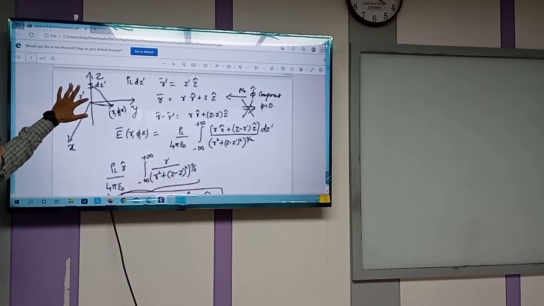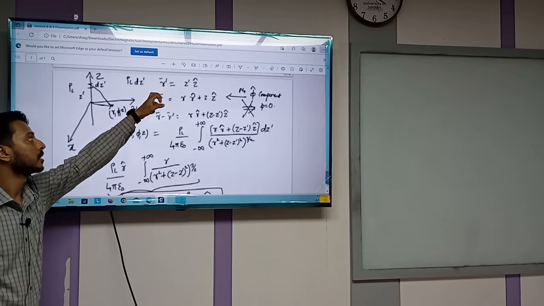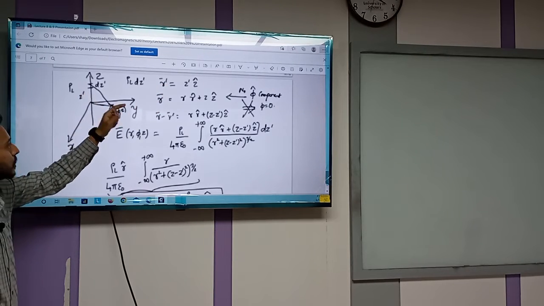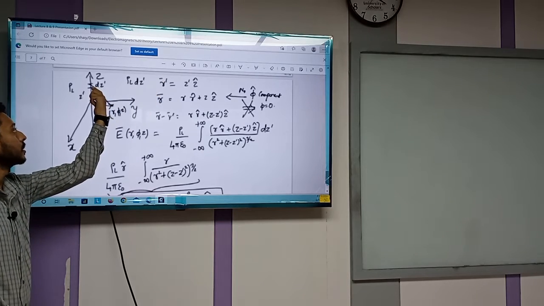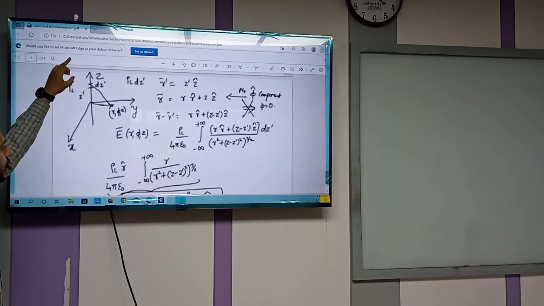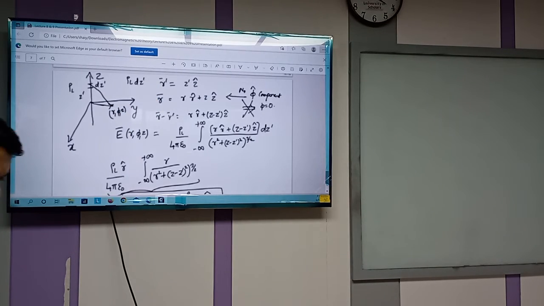So the vector along this direction is z bar, z prime. Let's say this is z prime, this is r prime. So the vector should be this z prime times the unit vector of z along the z axis. So it will give this, okay. This is at a height of unit vector z.